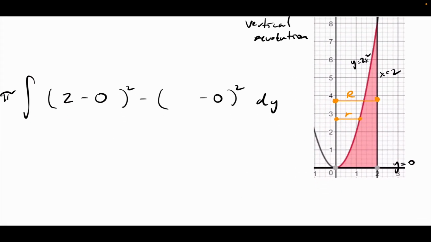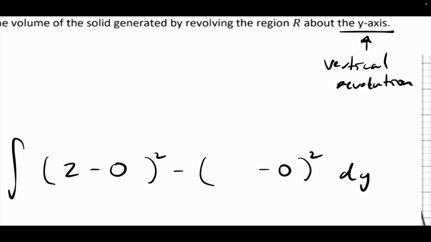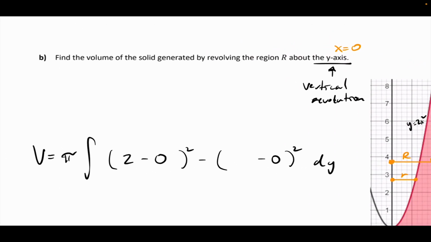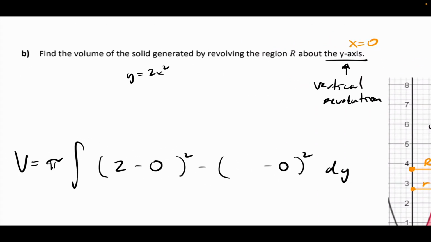We just can't put 2x squared in there because we can't have any x's, we can only have y's. So we have to solve for x. Divide by 2 to get 1/2 y equals x squared. Square root. I get x equals plus or minus the square root of 1/2 y.